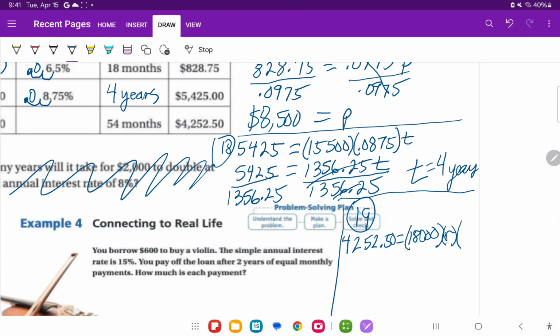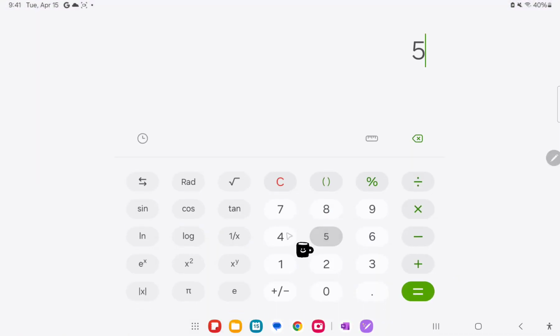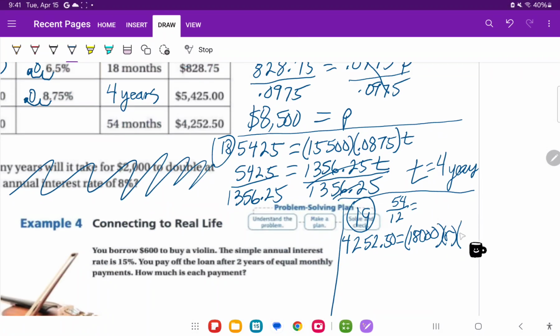So let's see what 54 divided by 12 is, because that's going to give us the years. That's exactly 4.5, right? So we had our interest equals the principal times the rate times the time.